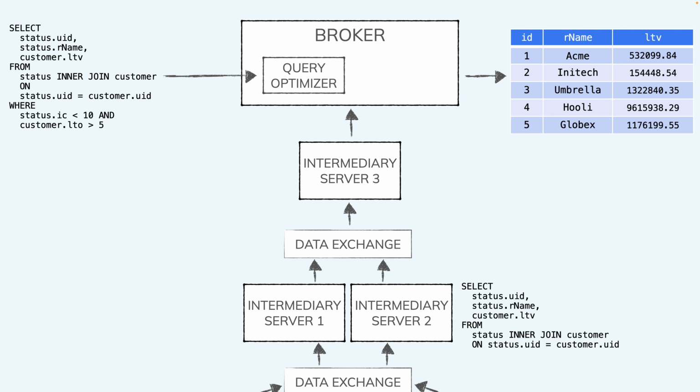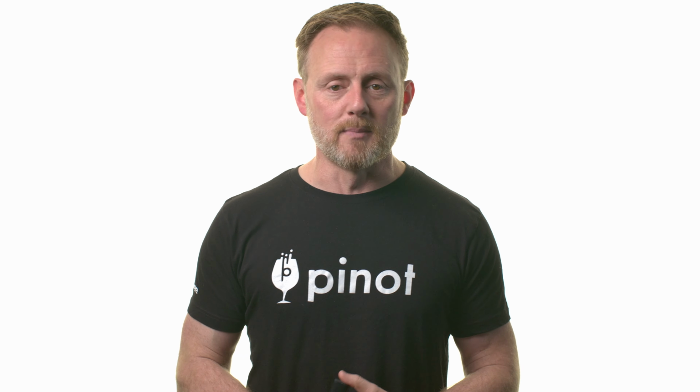Now, to pull off an inner join like this, Pinot needed to add this multi-stage engine. This is new as of Pinot 1.0, and it's optional. It's a cluster-wide configuration to make it even possible to run the multi-stage engine. And then on a query-by-query basis, you can choose whether you want the single stage or the multi-stage.